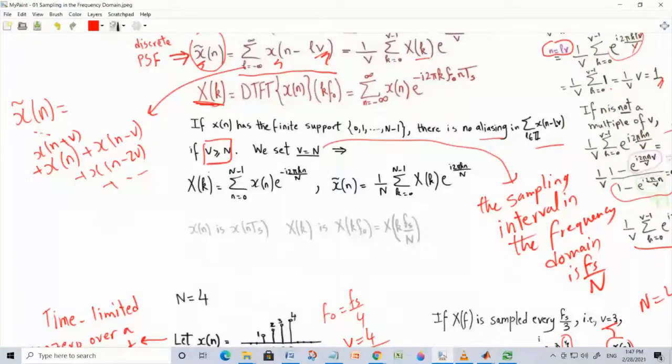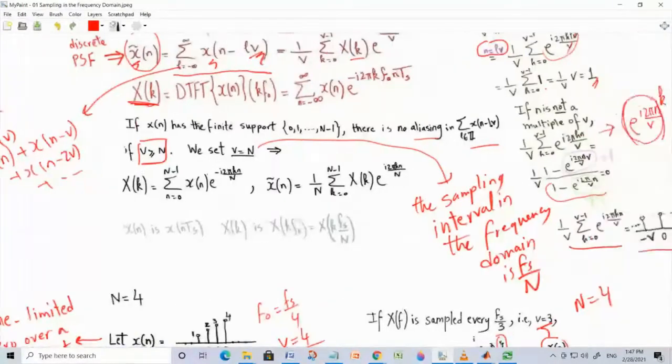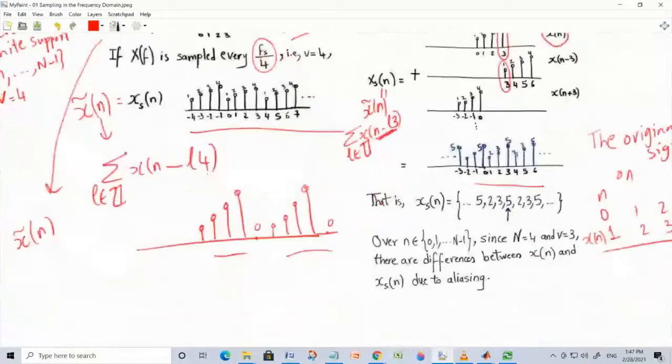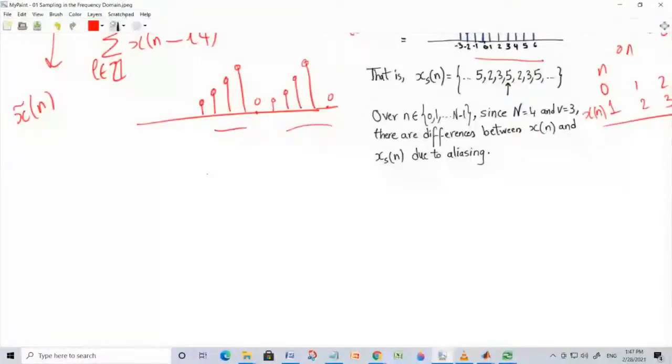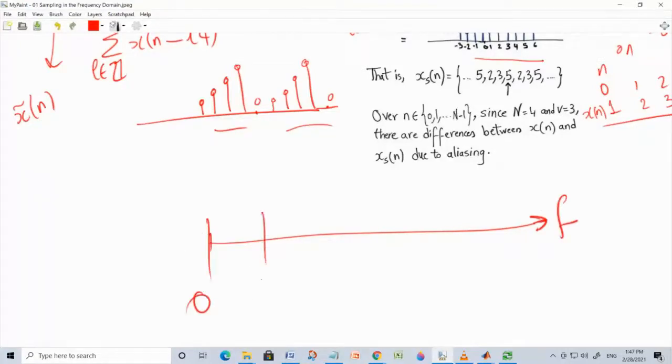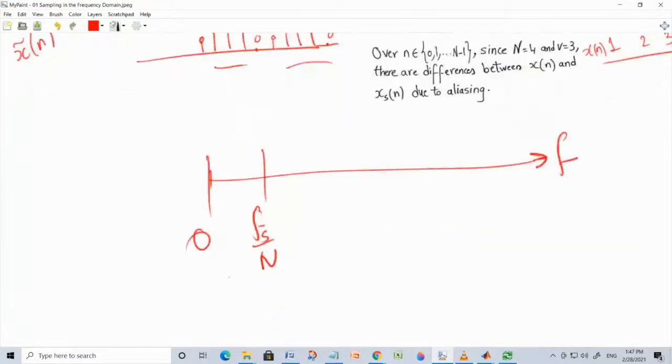Now we will just do something. We will fix v to be equal to n. This is very nice in the sense that now, so now this is the frequency axis. You take a sample at 0, you take a sample at f0, which is now equal to fs over n. This is f0. And then at 2 fs over n.